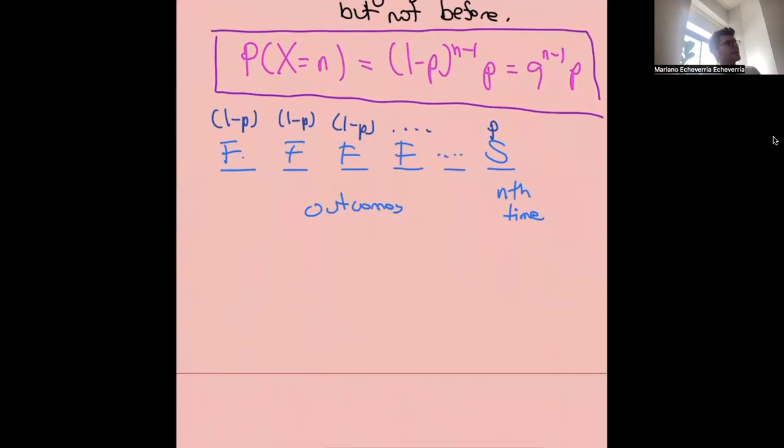So one question that you could ask is, what is the value of all this if you add up all the probabilities? What should you get? Let's just work it out. What does that mean? It means the probability of getting a success at some point, right? Because if you let n go from 1 to infinity, I'm not specifying at what time you want.